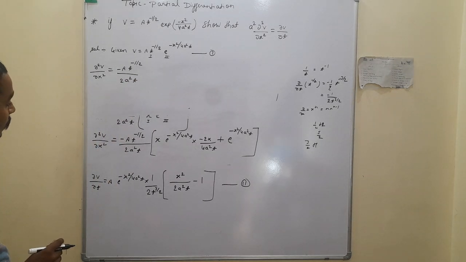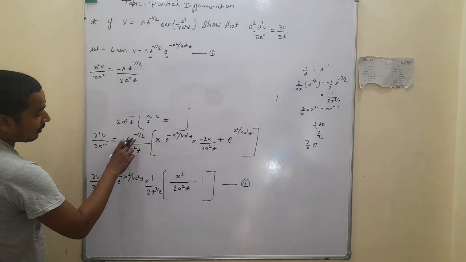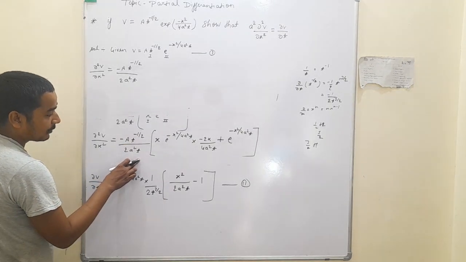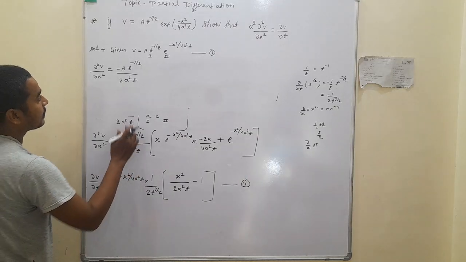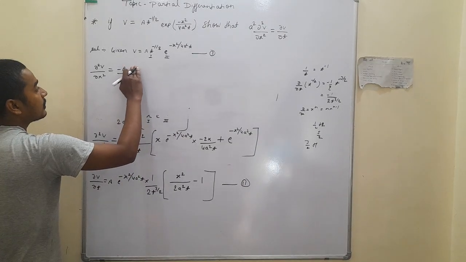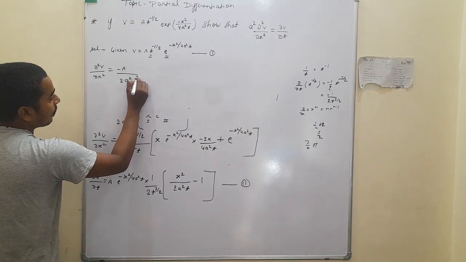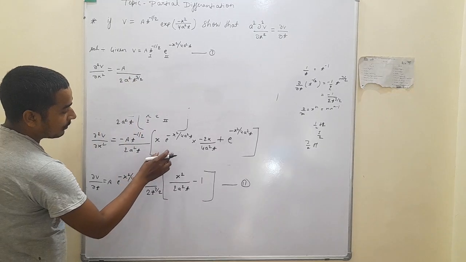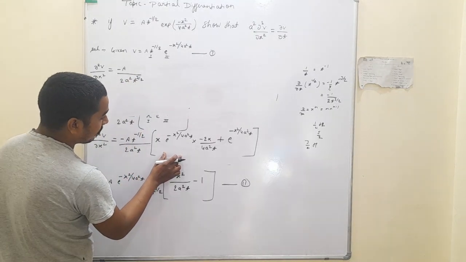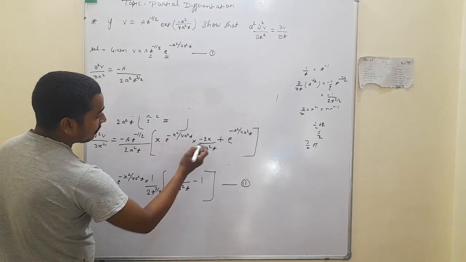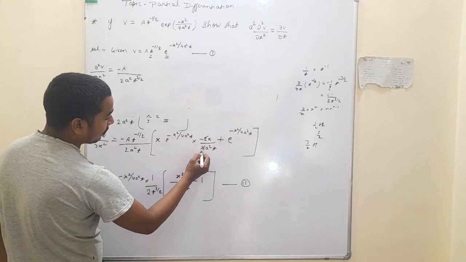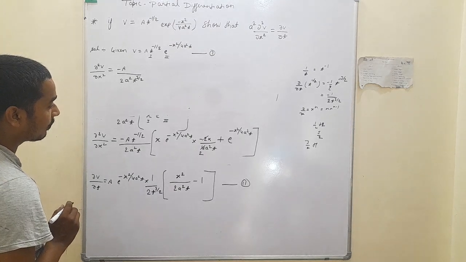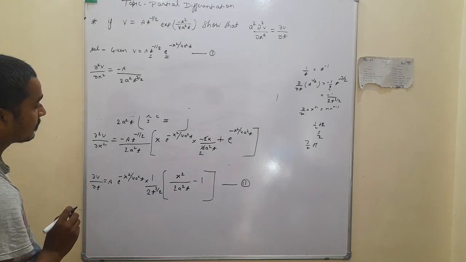We can also write t to the power of minus 1 by 2 in the denominator. This gives 1 by 2 plus 1, which is 3 by 2, so this is t to the power of 3 by 2. We can also cancel out 2 twos are 4. And this gives, taking common once again, x square.